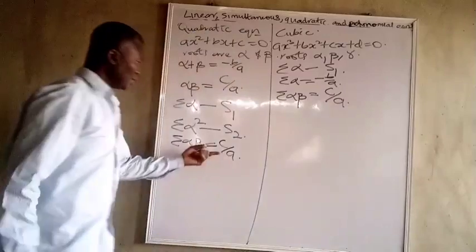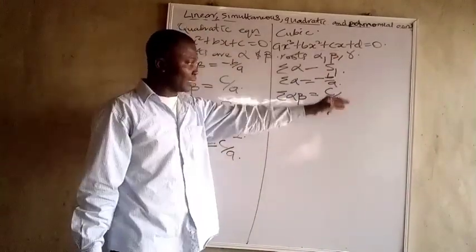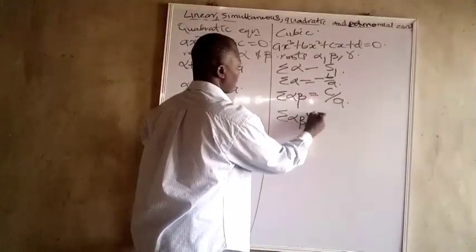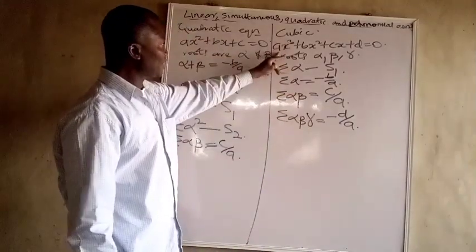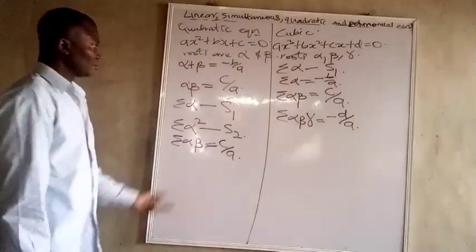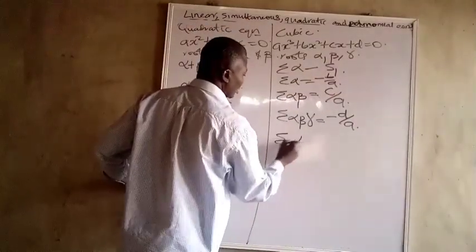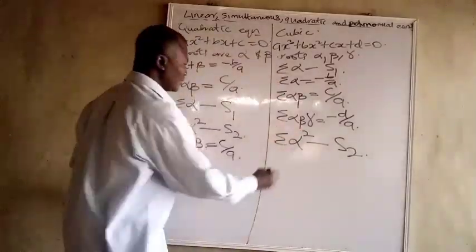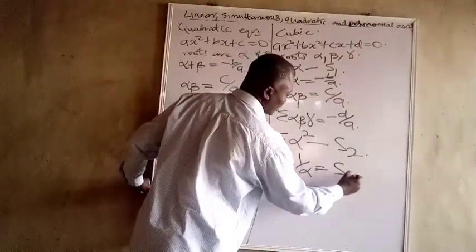Can you see now? In this instance, the c is the constant, but in this instance it is the coefficient of x. Now, when it is in 3s, you refer to that as minus d over a. You can see positive, negative. That's how it is. You can also see summation alpha squared is S2. And summation 1 over alpha is S minus 1.